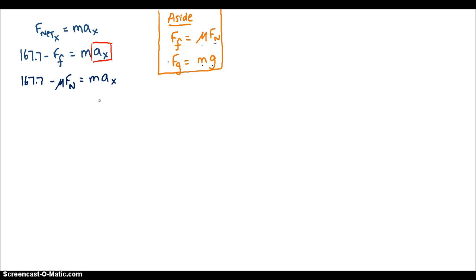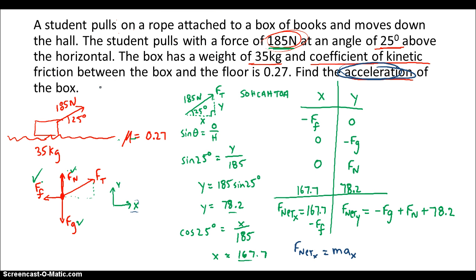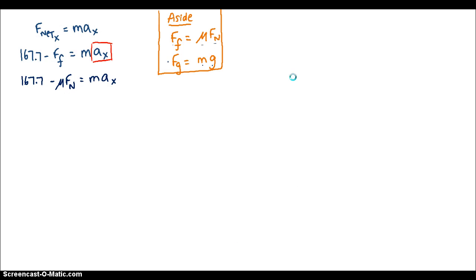So let's see if we have these numbers. Go back to our question. Our coefficient of kinetic friction is 0.27.